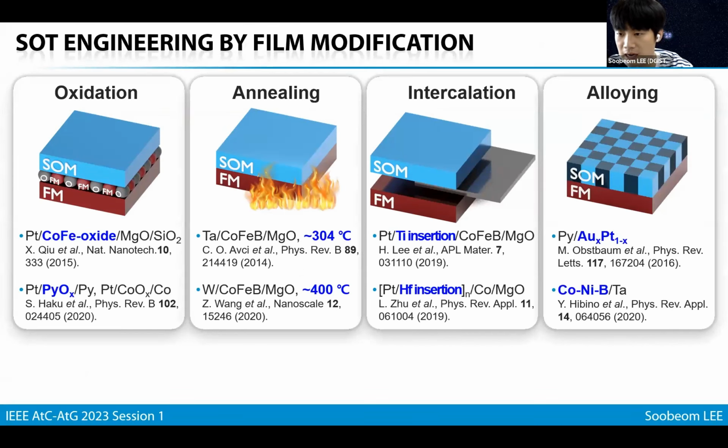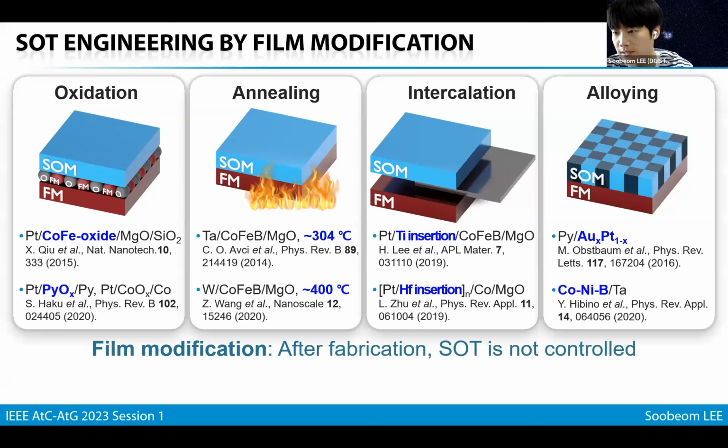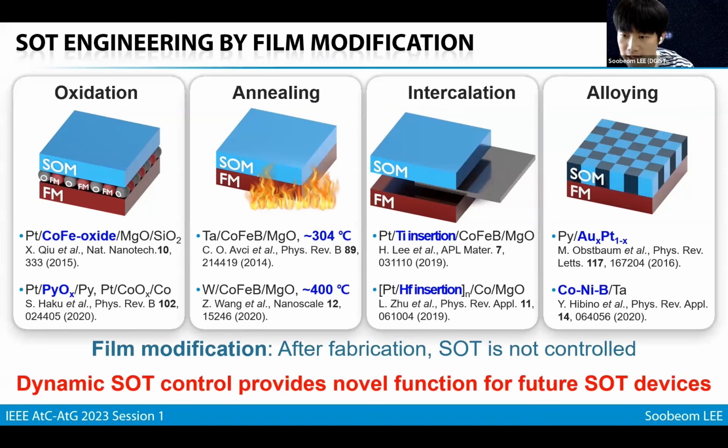In these methods, however, spin orbit torque could not be controlled anymore after the device fabrication. Meanwhile, dynamic control of spin orbit torque provides a novel function for future spin orbit torque devices.